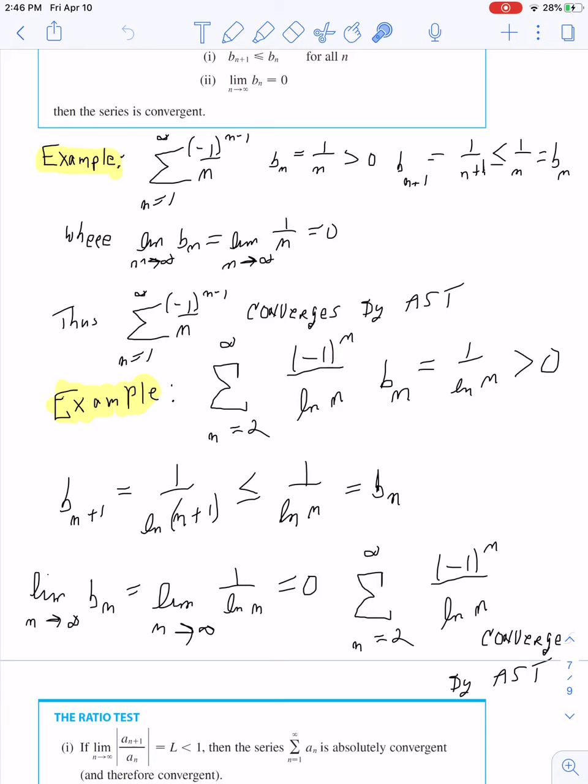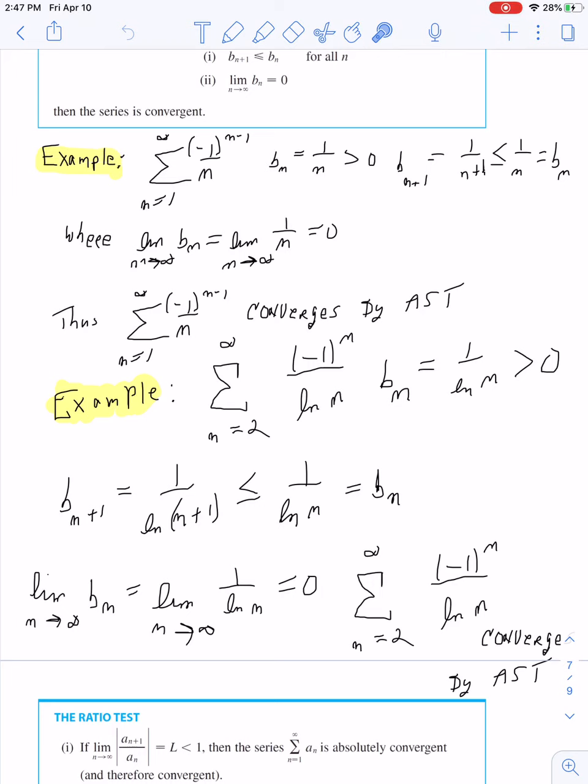And both of those do, right? All right, so what's my Bn? Well, my Bn is everything except this. So it's 1 over natural log n. And as n runs from 2 to infinity, 1 over natural log n is strictly greater than 0, and that was one of the requirements. Notice I cannot start my series at 1 because the natural log of 1 would be 0 and the first term would be undefined, and that wouldn't be good.